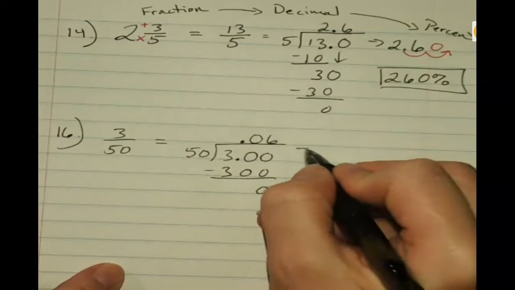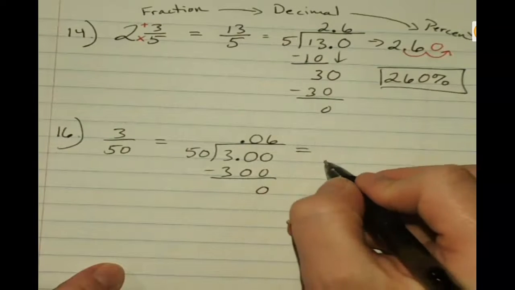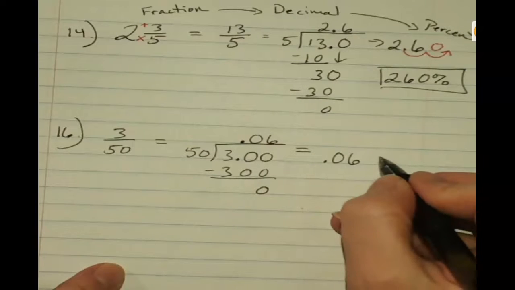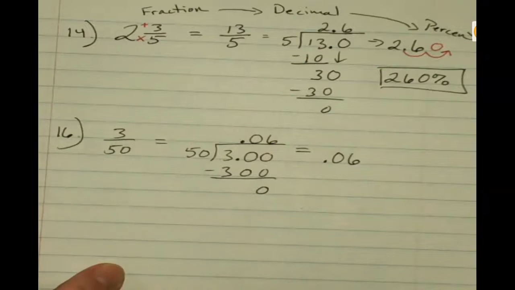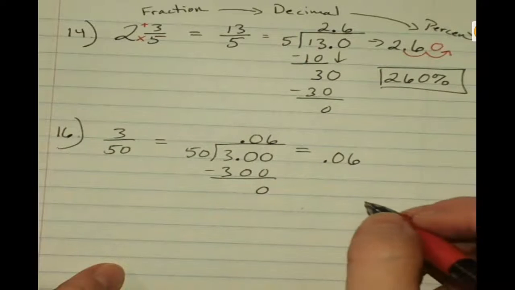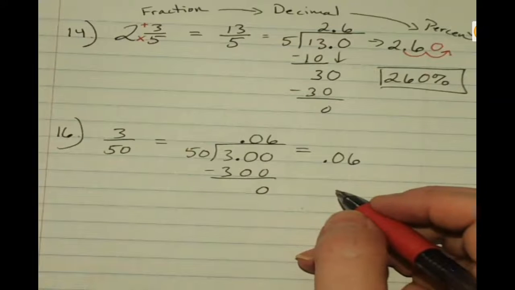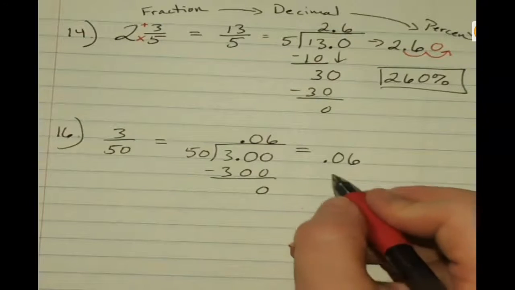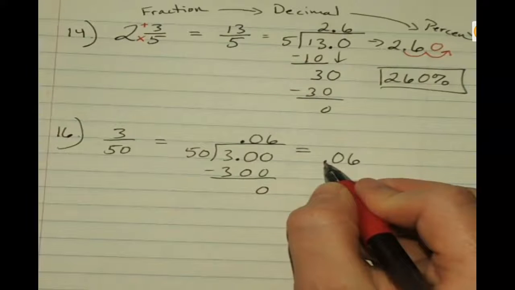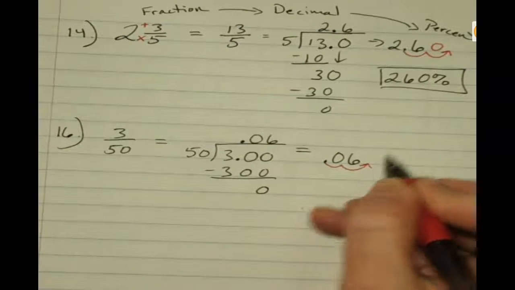All right, so Joseph, now it's in decimal. What do I need to do to turn it into percent? You need to move it over to the right 2 places.